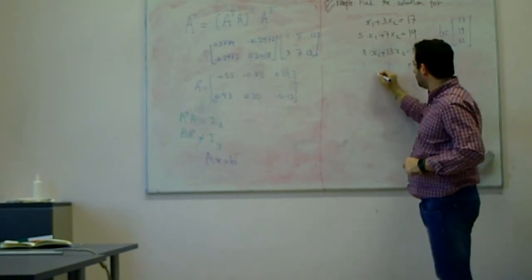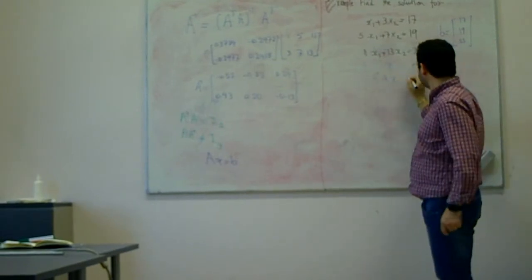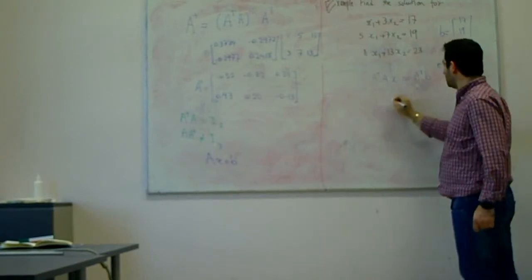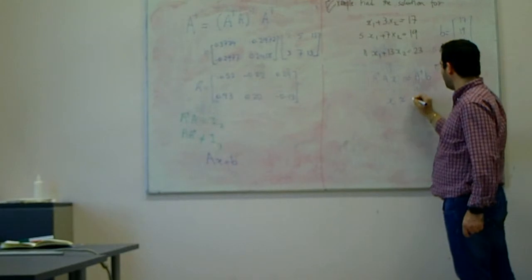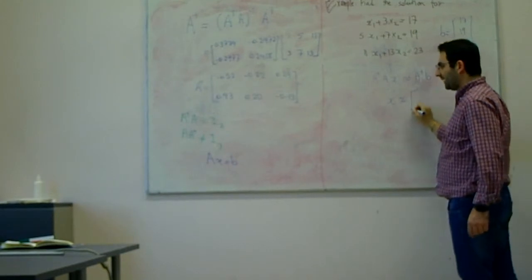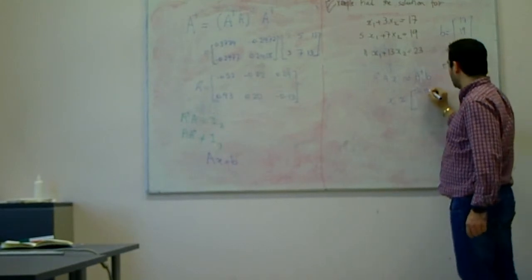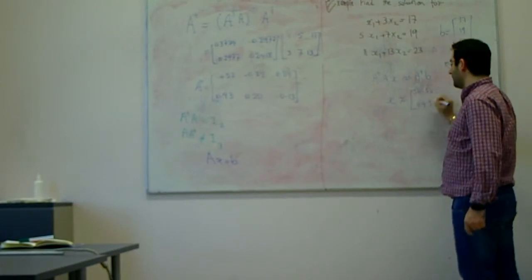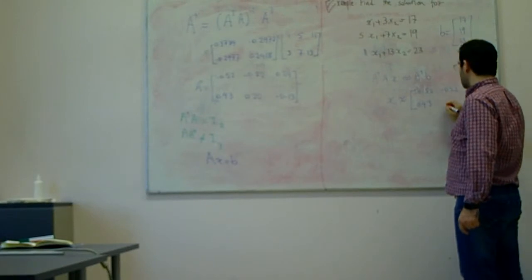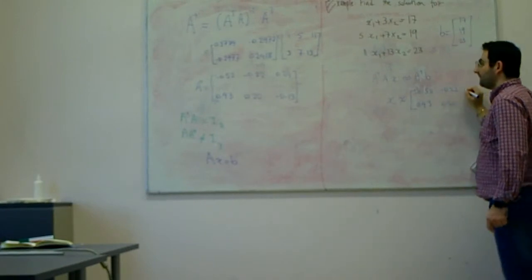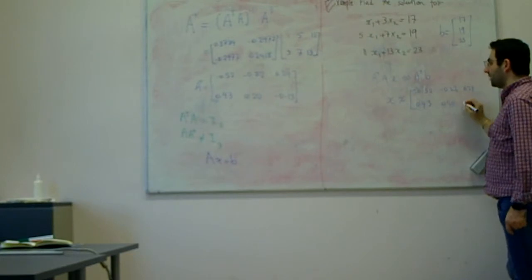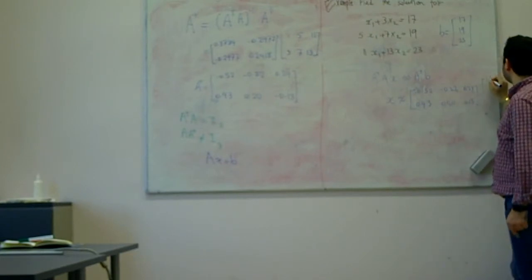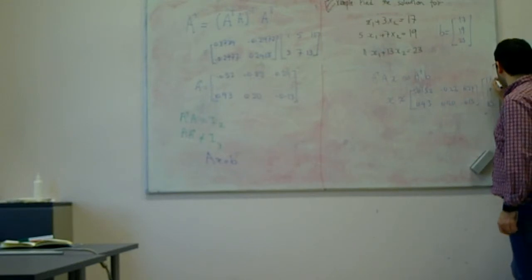So I will multiply everything by A plus, so my X will be roughly the multiplication of minus 0.52, 0.43, minus 0.22, 0.20, 0.24, and minus 0.13, multiplied by B, which was 17, 19, 23.